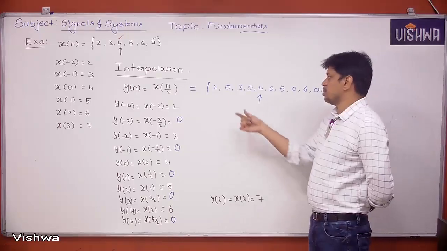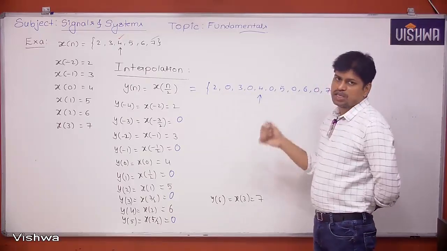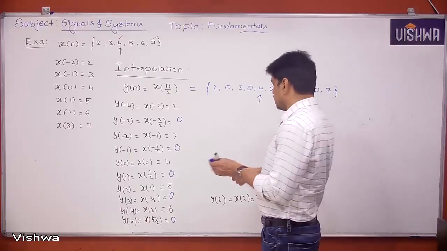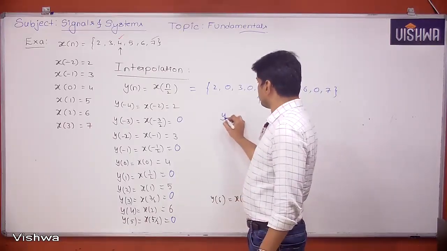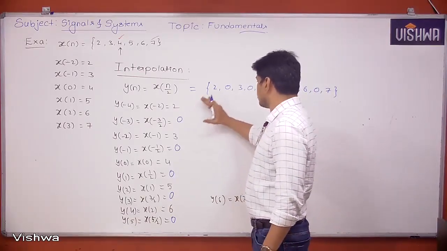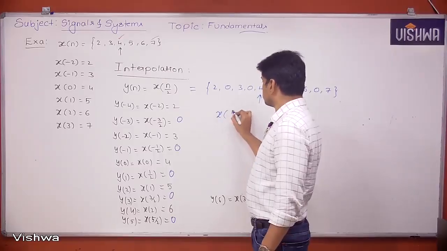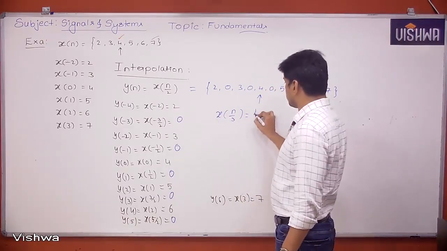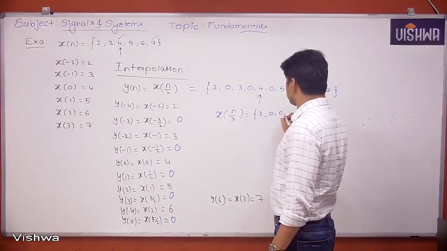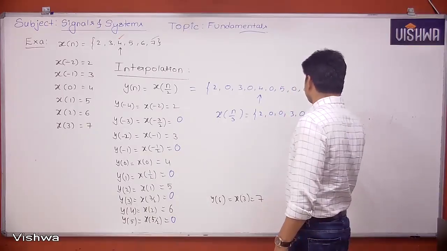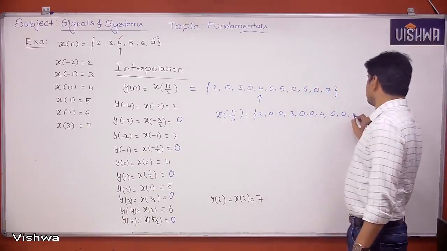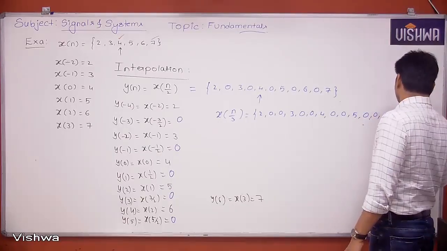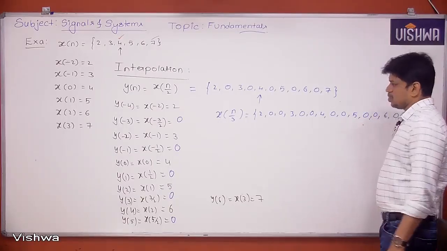In simple words, suppose I try to find y of n, which is x of n by 3, that means we have to insert 2 zeros after each sample: 2 0 0, 3 0 0, 4 0 0, 5 0 0, 6 0 0, 7. That is the sequence we got.